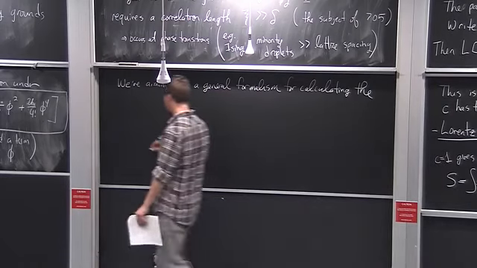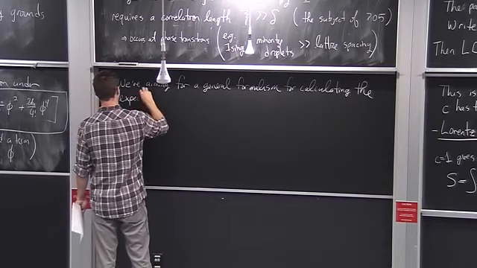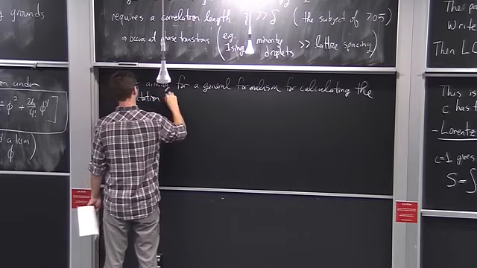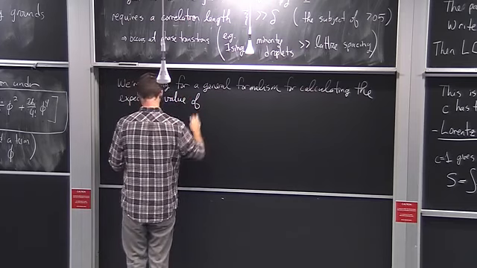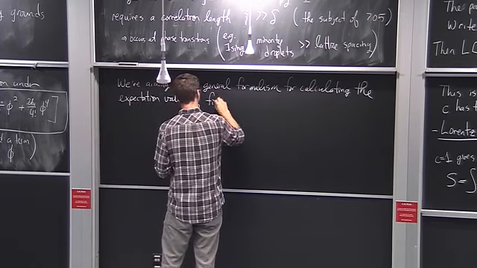It's the expectation value of fields like this.